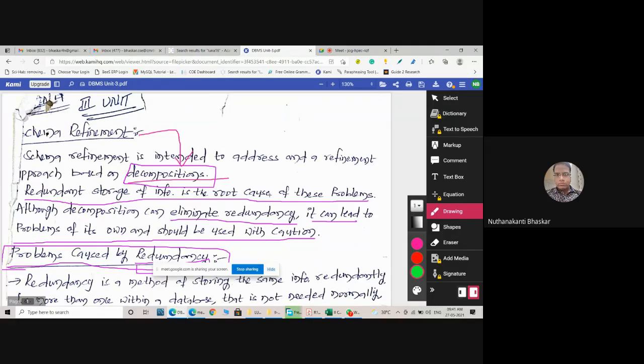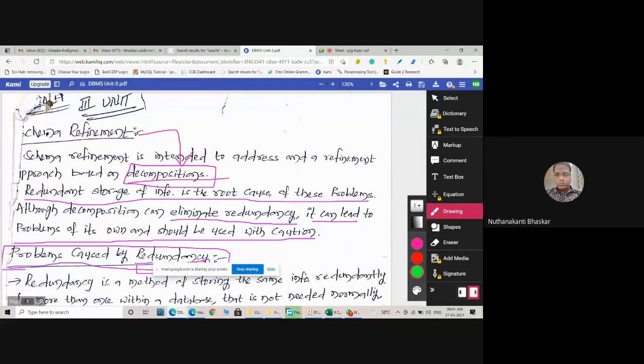Dividing the table is called decomposition. Dividing one particular relation into multiple relations is called decomposition. When redundant data is there in my relation, I need to decompose the relation. That is called schema refinement.